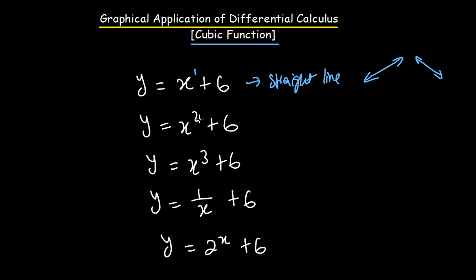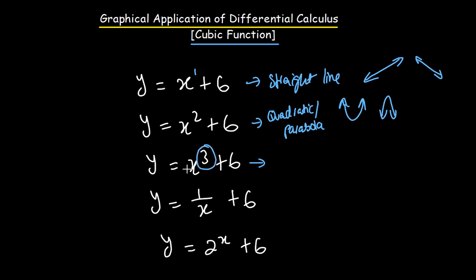What about this one? The highest exponent is what? Is 2. If you have a situation like that, then that is a quadratic function. Okay, that is a quadratic function, or also called a parabola, right? And then it looks like this and like that. Okay, now what about this one here?